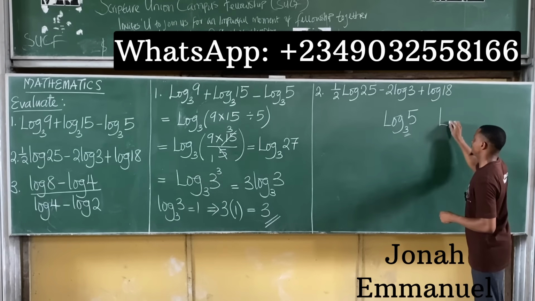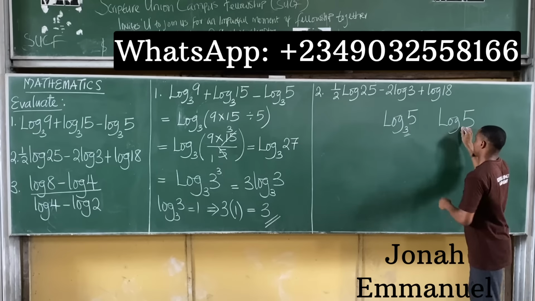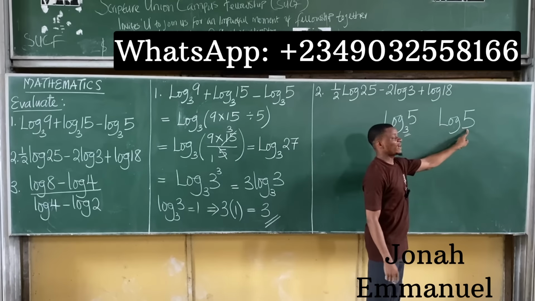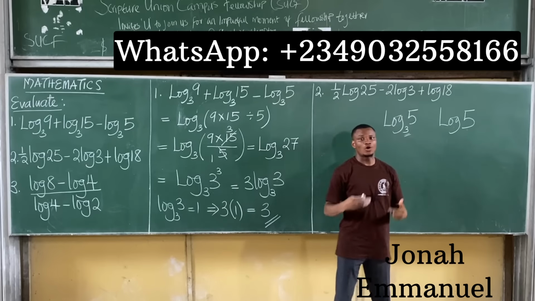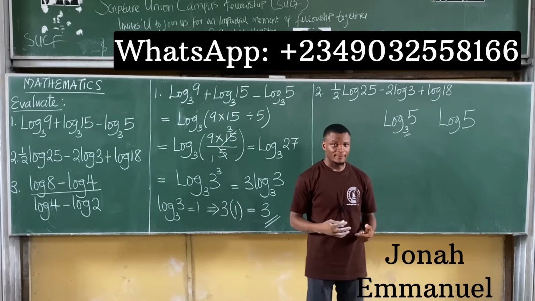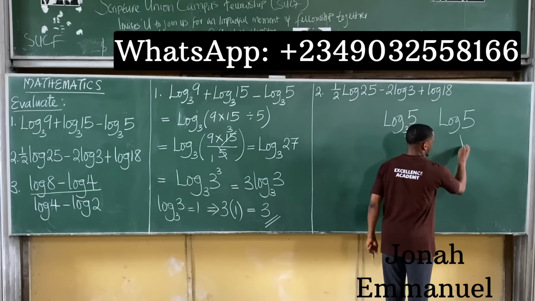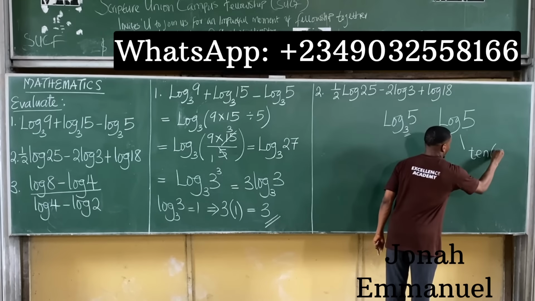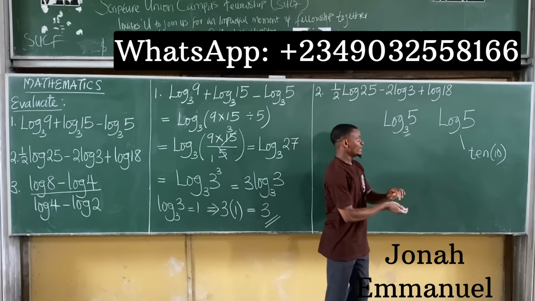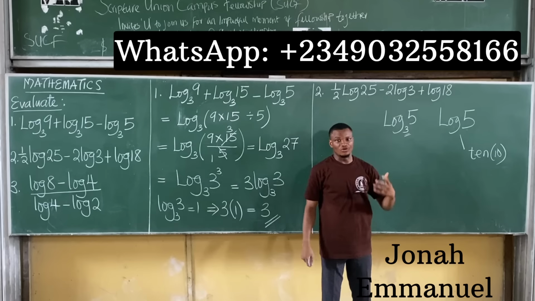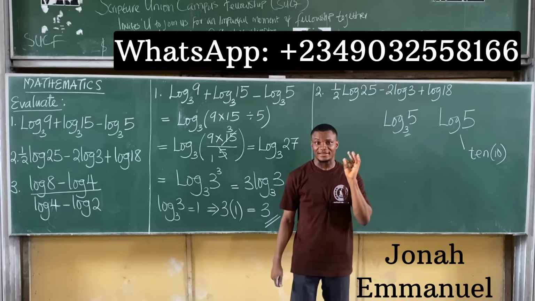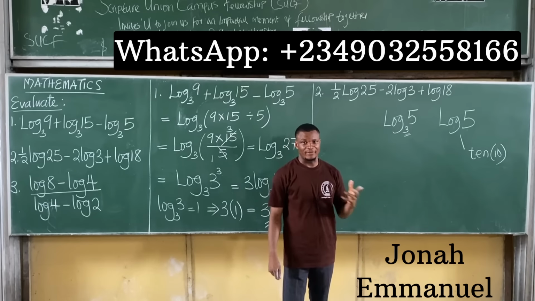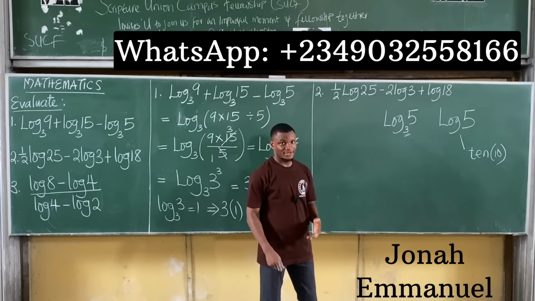But if I just have log 5, please note that the base is always 10. So in the case where the base is not indicated, note that the base there is 10. This is something you should bear in mind before we start solving this question.